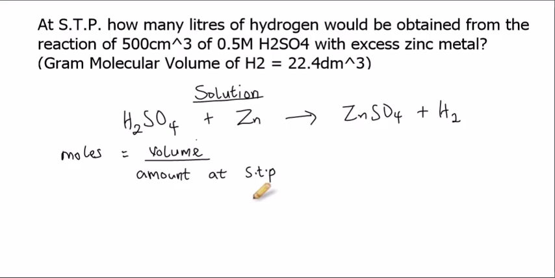It can be stated as volume at S.T.P or molar volume of gas, still referring to the same thing, which is 22.4 dm³. Now this is known, the volume of hydrogen is unknown, and the number of moles is unknown.